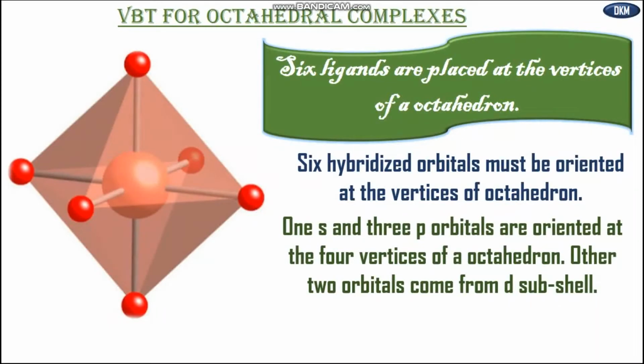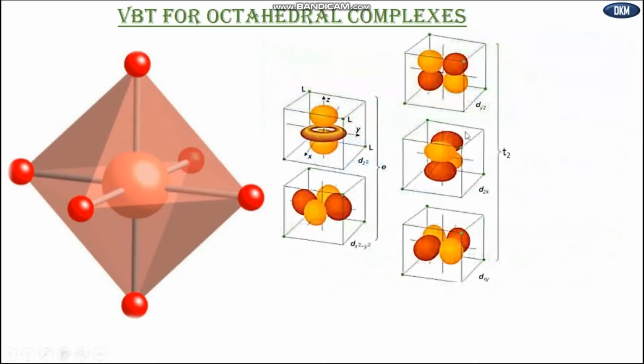The remaining 2 orbitals come from d subshell. It may be an inner d subshell or it may be an outer d subshell. Among the 5 d orbitals, all are not oriented properly to take part in hybridization to form octahedral complex.